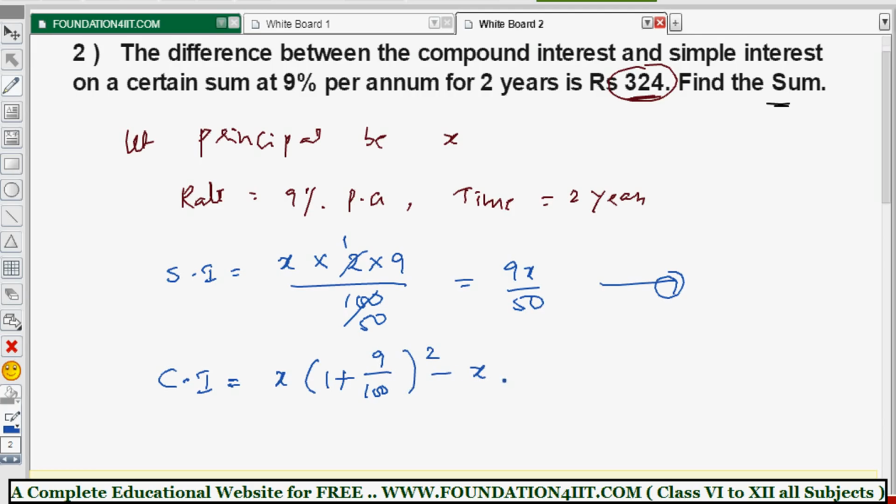Okay, this is compound interest. If you simplify this, 109 by 100, that is 1 plus 9 by 100 whole power 2. So x into 109 by 100 squared and minus x.